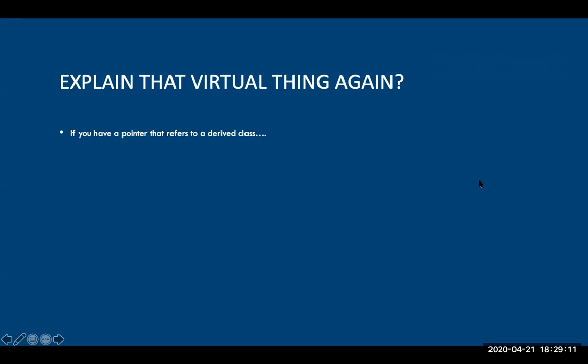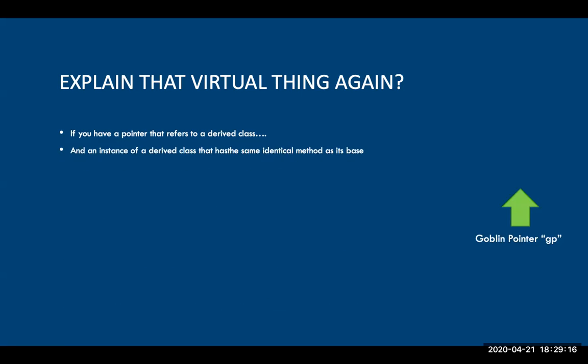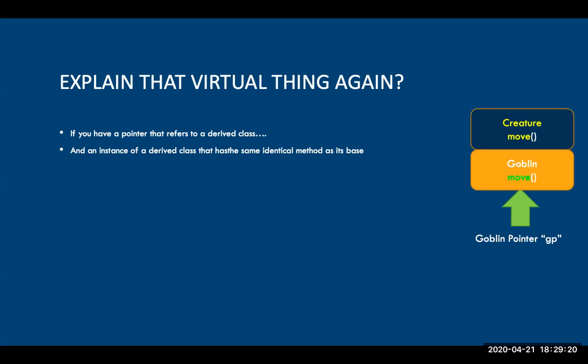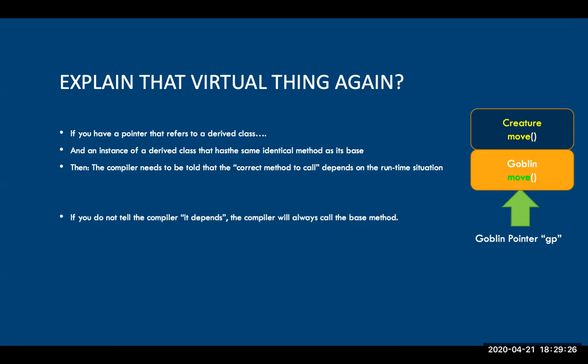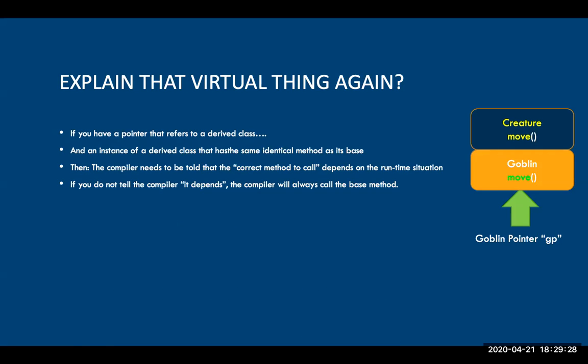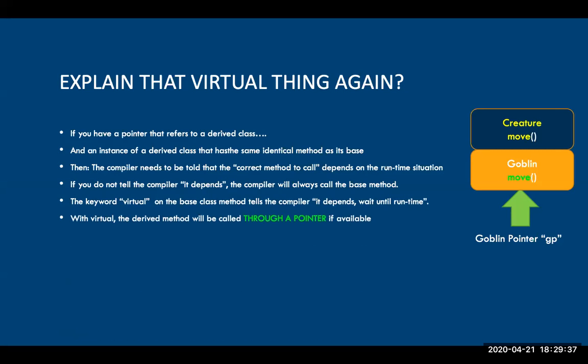So here's just another way of looking at it. We have a pointer that refers to a derived class, and an instance of the derived class that has the same identical method. And we just need to tell the compiler that we want to call whatever is the closest to the child method that's available, and indicate that it should depend on the runtime environment, and that's the virtual keyword.